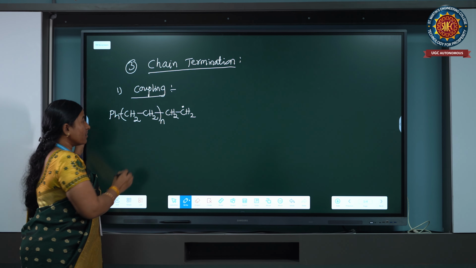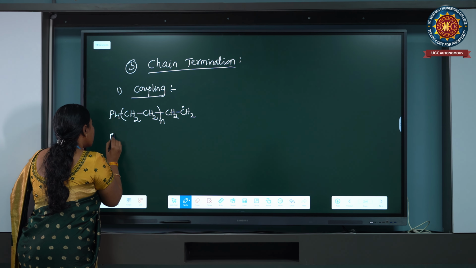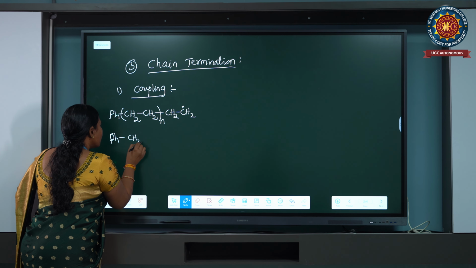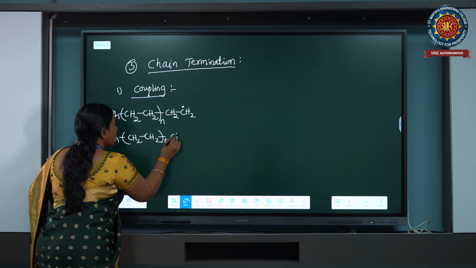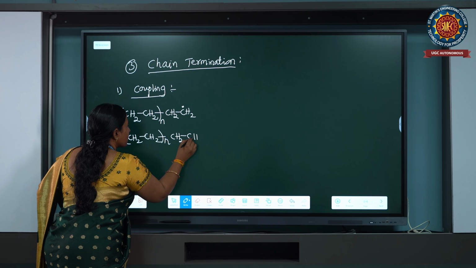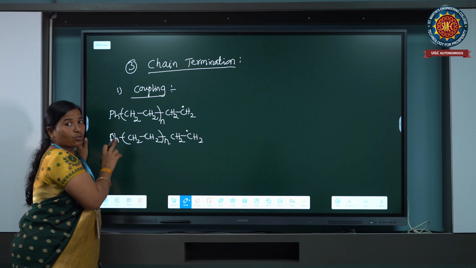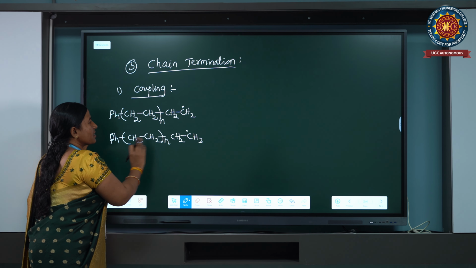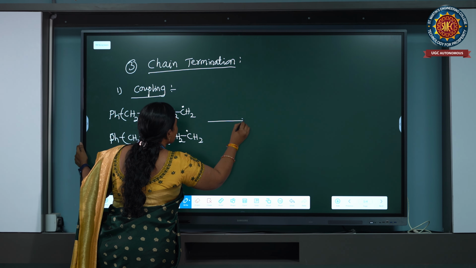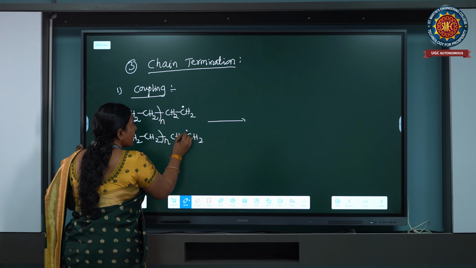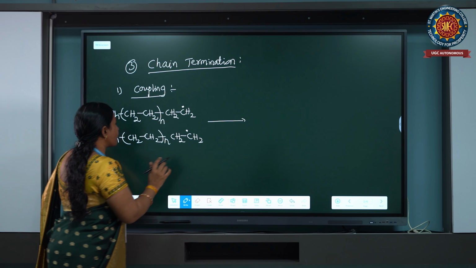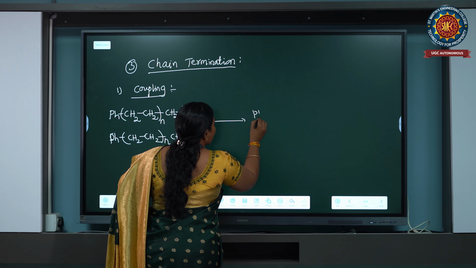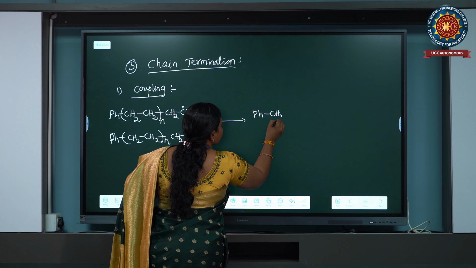Now this is one, and another one is Ph-CH2-CH2, and this is the radical. I took two products, and because these two are radicals, they are active, they actively participate in the reaction and form a long chain.